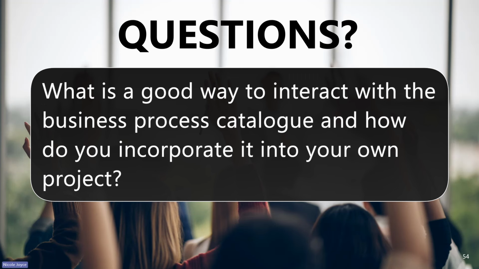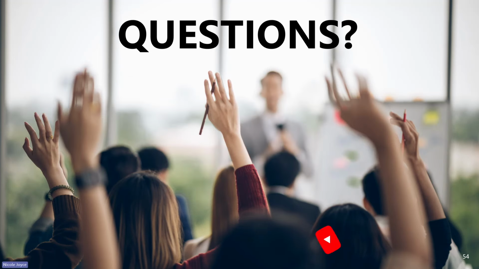Rachel has done some demos of that. There's a whole Tech Talk series on the business process catalog that I think, Phil, if we can quickly find the landing page for that, we can leave it in the chat here as well. But if you're just curious about some of the tooling, those are some of the options for interacting with the catalog.